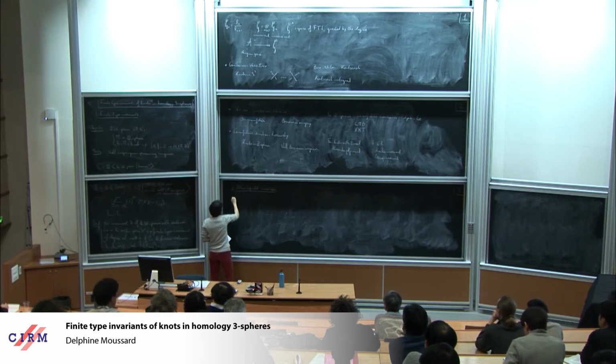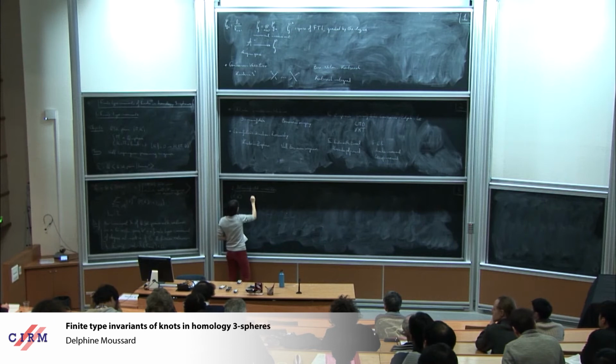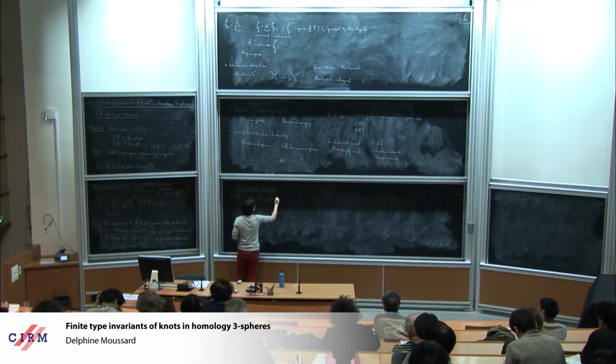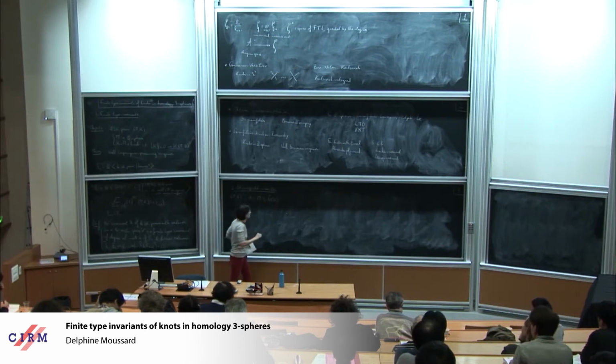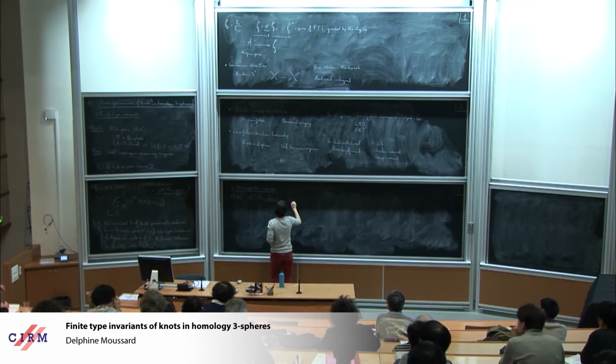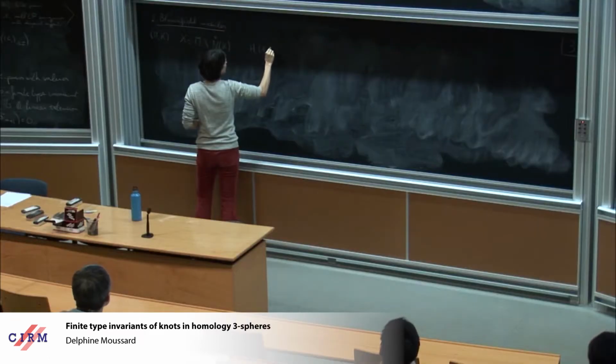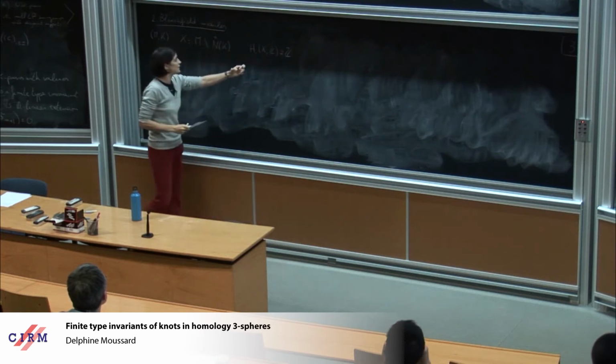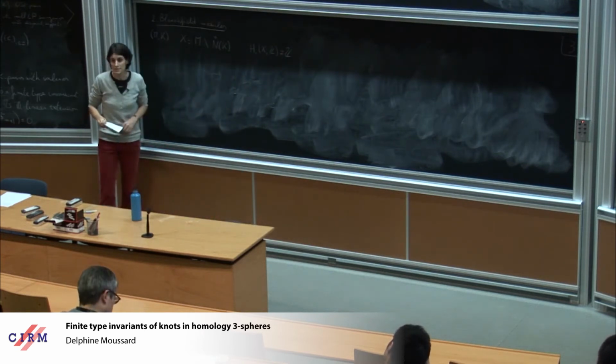So we take a QSK pair (M, K) and we look at its exterior X, which is M minus some open tubular neighborhood of K. Quite obviously, the first homology group of X is isomorphic to Z and generated by a meridian of the knot.